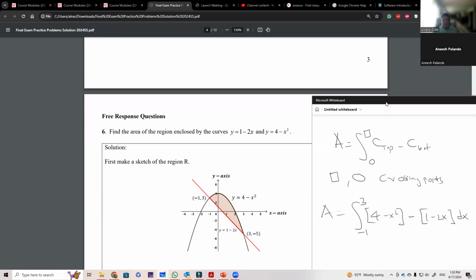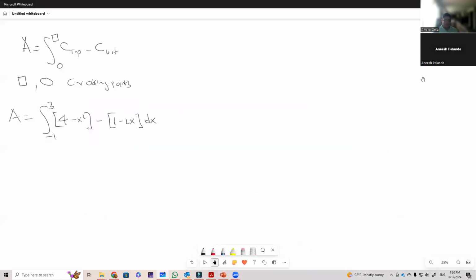But you can also wonder, how do I get those values? How do I find those crossings? And you can do that by making the two functions equal. So 4 minus x squared equals 1 minus 2x. And so just solve this equation. To solve this equation, we put everything on one single side. We have x squared minus 2x, and then this 4 moves to the other side, plus 5. So here, you factor, and you want to know numbers that can give you this.